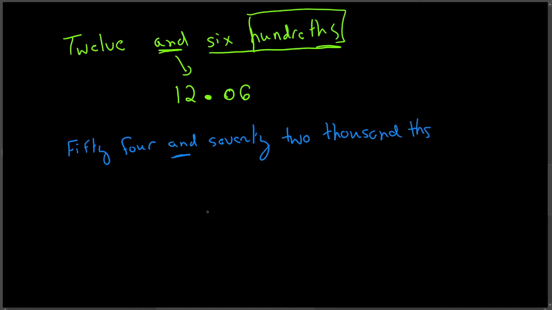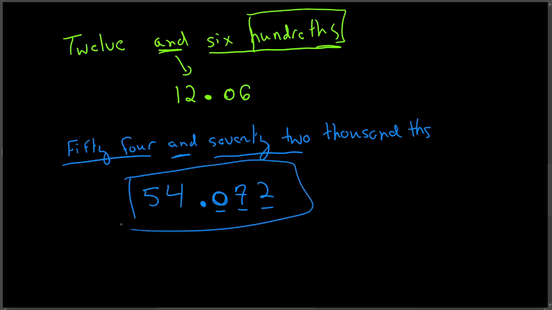So the and will be my decimal point, and I have thousandths. So thousandths means I need 3 decimal places, and I'm going to have 72 in them. But I need to fill in the 0 here because it holds place. And then for my whole number part, I have 54. And so that's how that decimal gets created.